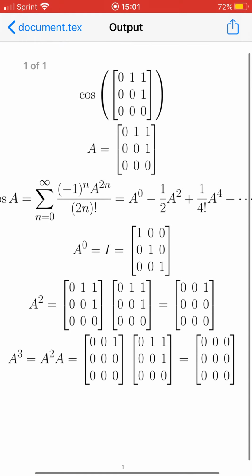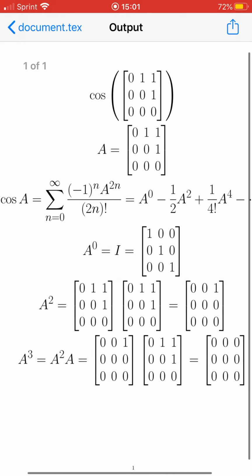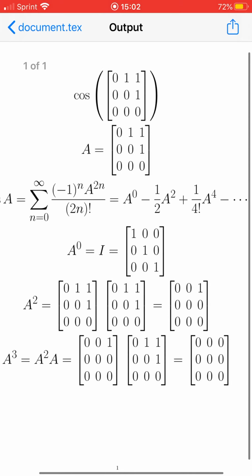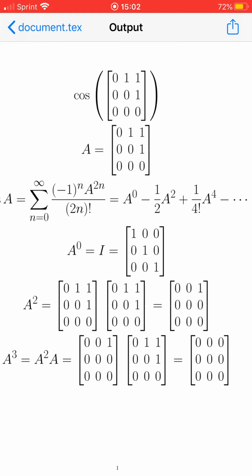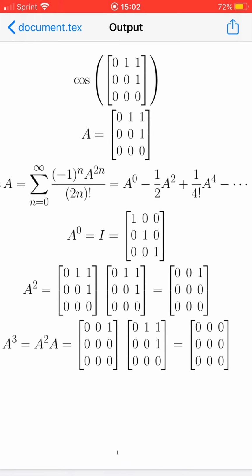So there you go. We have a to the 0th power, we have a squared. We don't need a because in the Maclaurin series of the cosine function, there's no a term, there's just a to the 0th, a squared, a fourth, and so on. And then a cubed is a squared times a, and we know that a squared is 0 0 1 0 0 0 0 0 0, and then times a, which is 0 1 1 0 0 1 0 0 0.